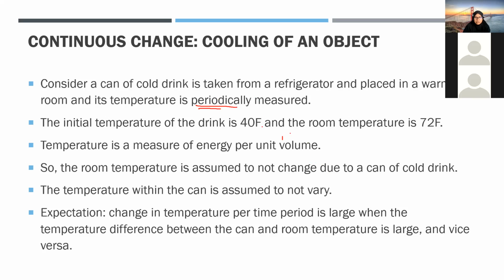The temperature of the drink is initially 40 Fahrenheit, I'm using Fahrenheit. If you want to change this to Celsius, that is also not a problem. So the temperature initially is 40 Fahrenheit and the room temperature is 72 Fahrenheit.